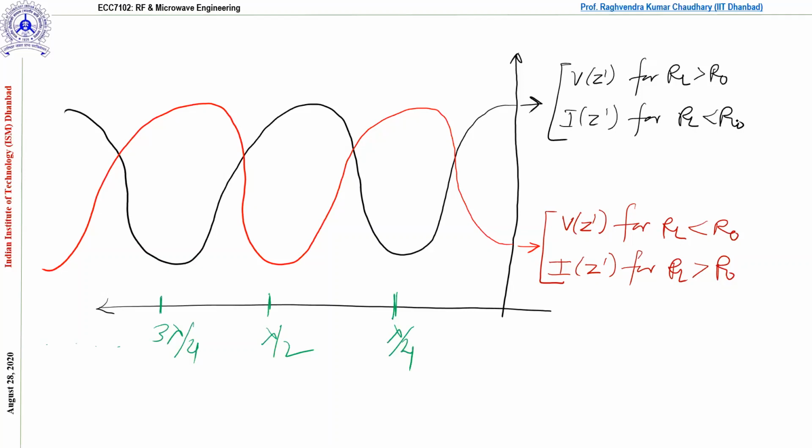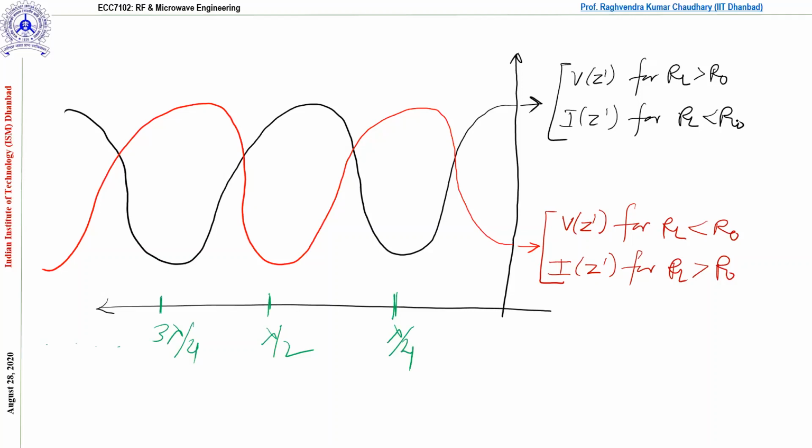Fine. So what is this? Actually, this is a standing wave when you terminated your transmission line with a resistive load only, lossless, correct, transmission line. Now, what you can see, let's say, I'm just taking the case of RL less than R naught.